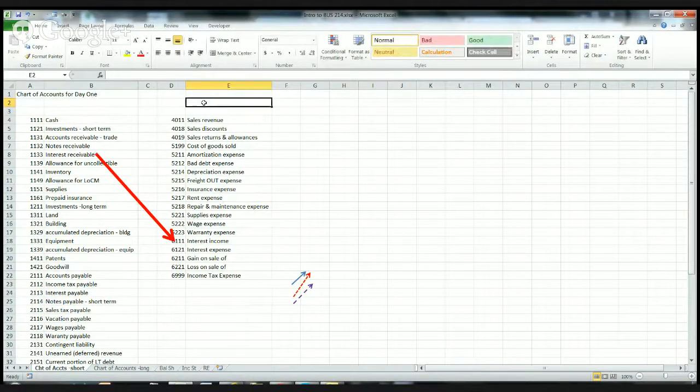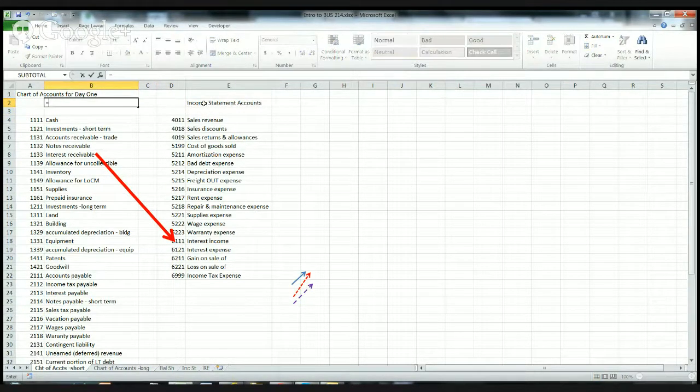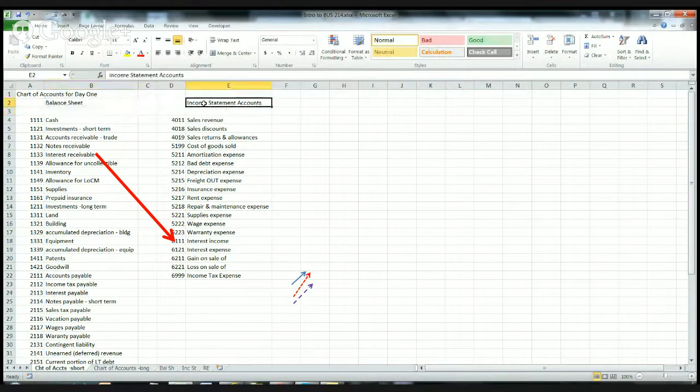So over here's my income statement accounts. And I shouldn't have to do that, right? I can come over here and equal balance sheet. There we go. And this would be equal income statement. So this is my balance sheet. I'm going to make it bold and fancy and big.